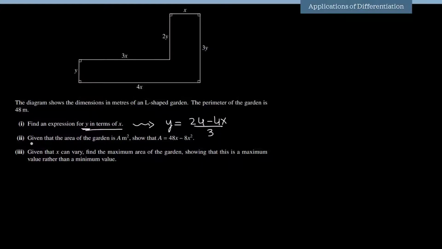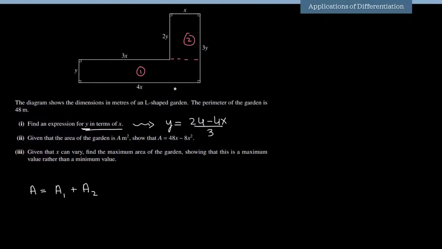In the second part, it is told that given that the area of the garden is A meter square, show that the area is equal to 48x minus 8x squared. So to find the area of this shape, I can divide this shape into two parts. This is the first part and this is the second part. So the total area of this shape is going to be equal to area of the first part plus the area of the second part.